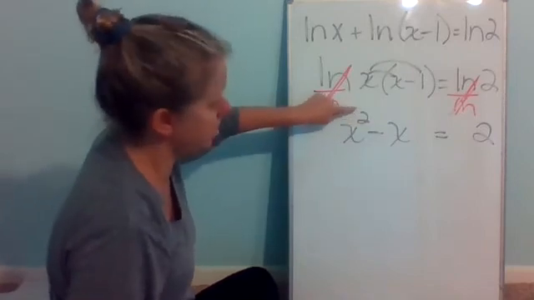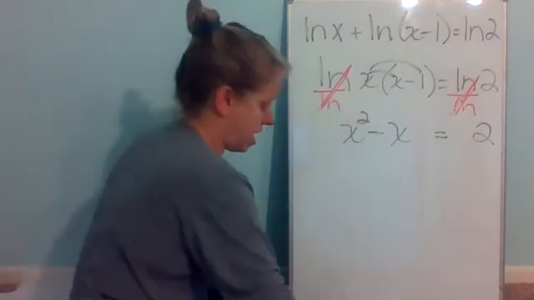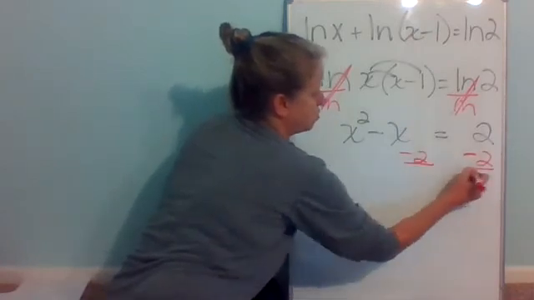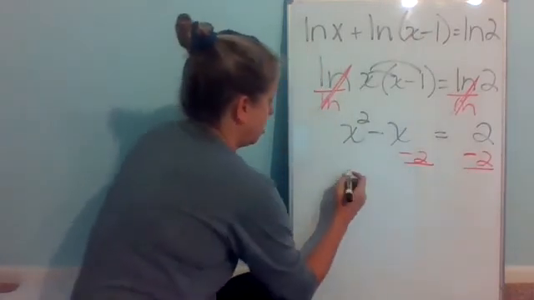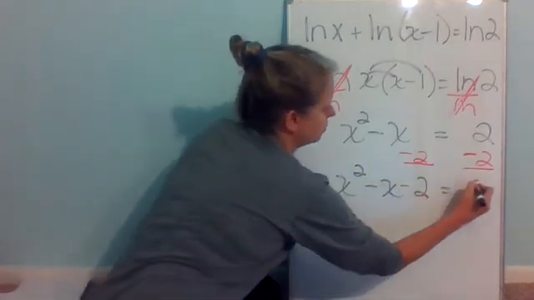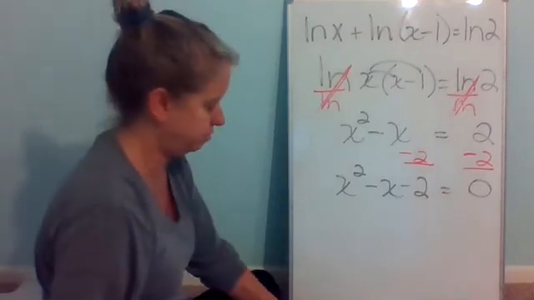Since it is squared again this time, it is a quadratic, which means you need to set it equal to 0. So minus 2 from both sides. So x squared minus x minus 2 equals 0.